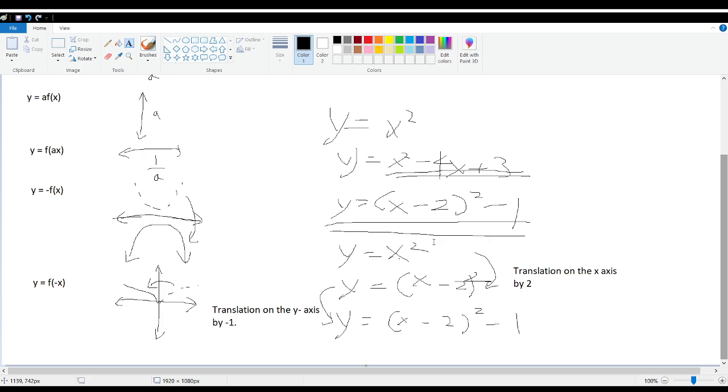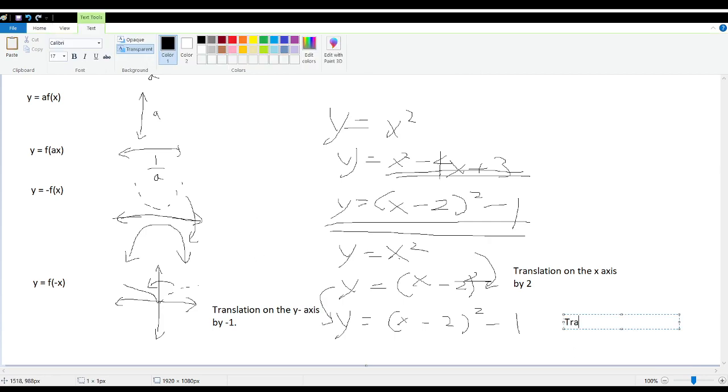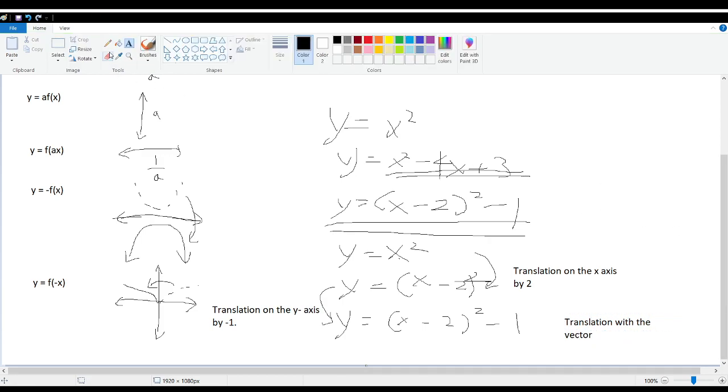Or you can say that it is translated, or let me type this up, translation with the vector (2, -1).